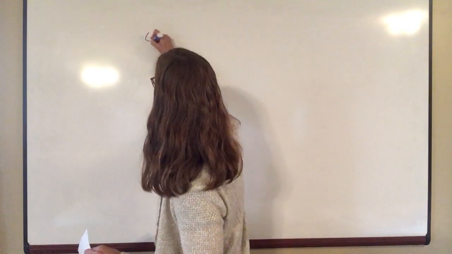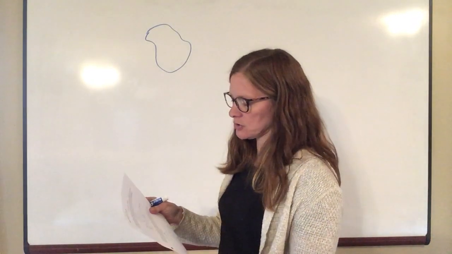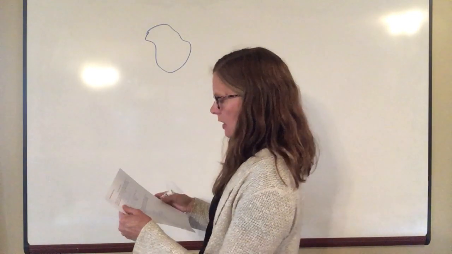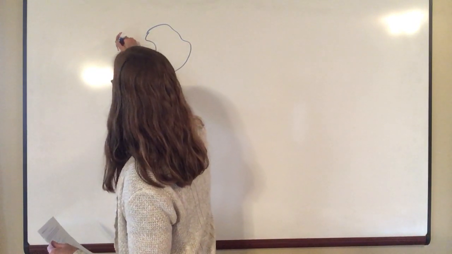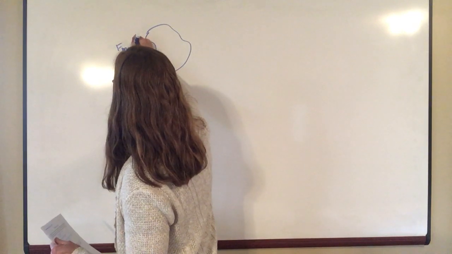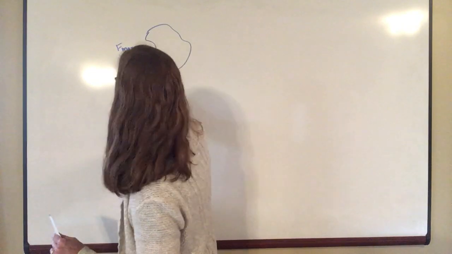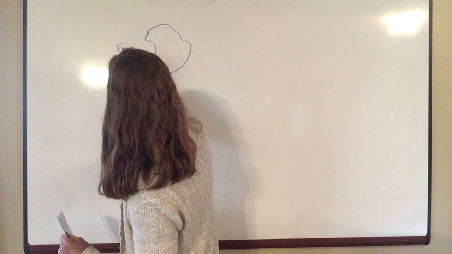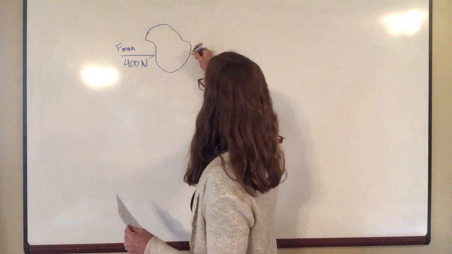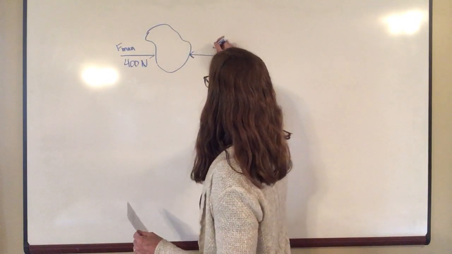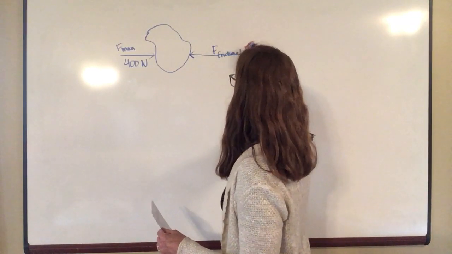So if this is my rock that he's trying to move out of the way, and the construction worker is putting a force on the rock this way, so this is the force of the man, and it says that he is able to apply 400 newtons of force. Okay? I know that there has to be some sort of frictional force because there always is.